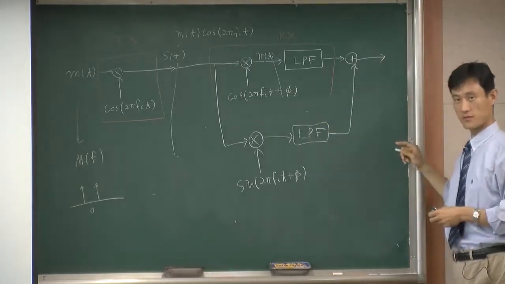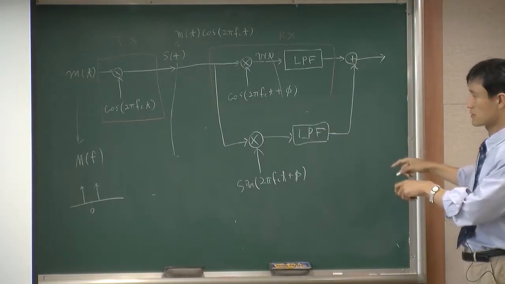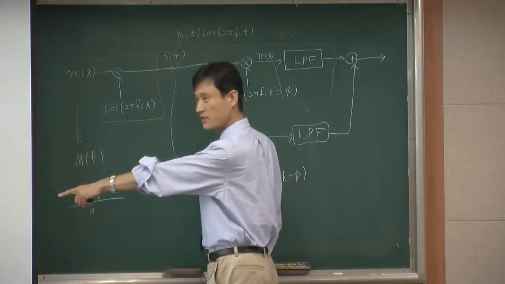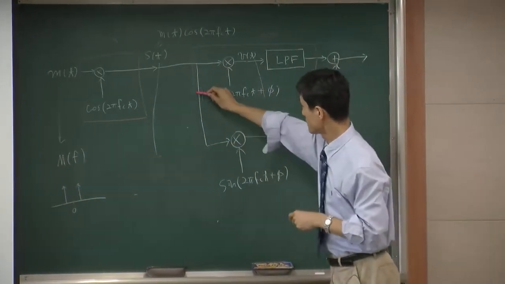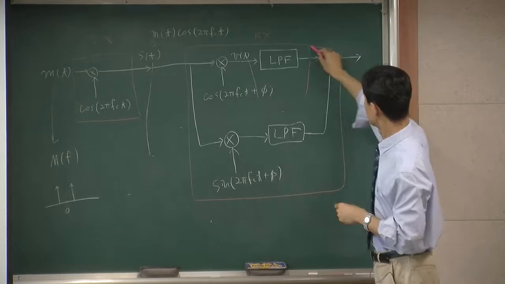So this is a Costas receiver. Simply speaking, this is the Costas receiver. Maybe it looks a little bit different, but it's the same thing. This is the Costas receiver.